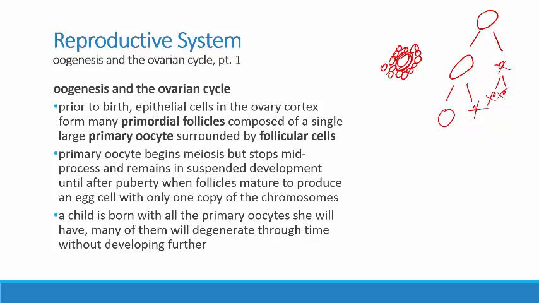So a female child is born with all the primary oocytes that she will ever have. Many of them will never be called into service and will degenerate before they get the chance to do whatever the oocytes are expected to do.